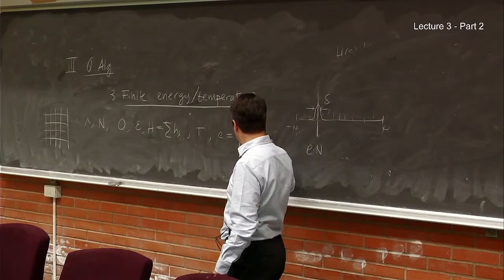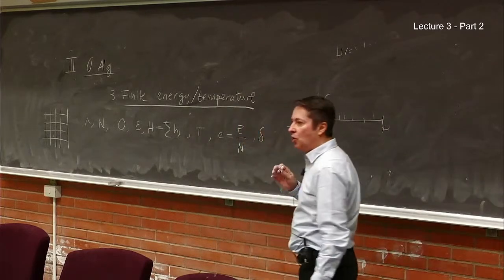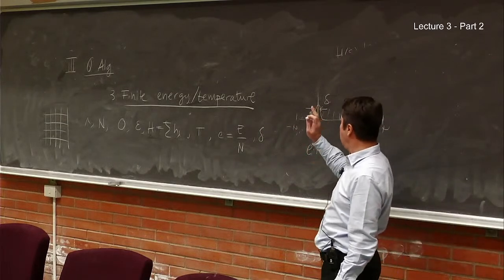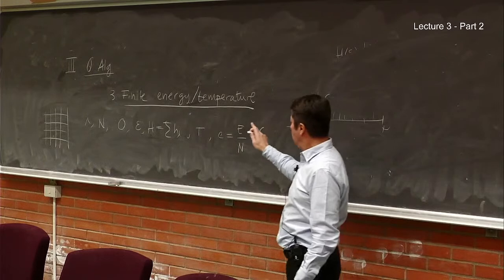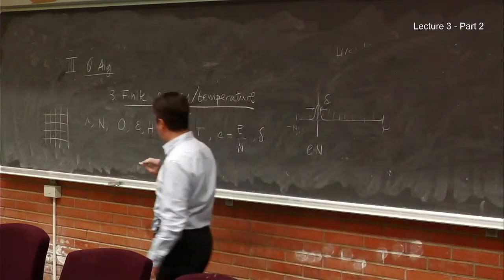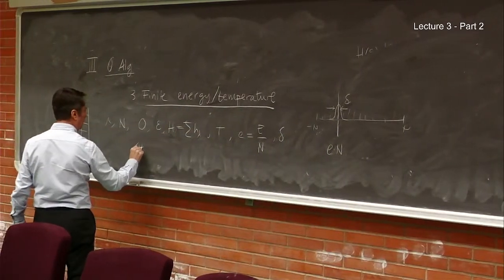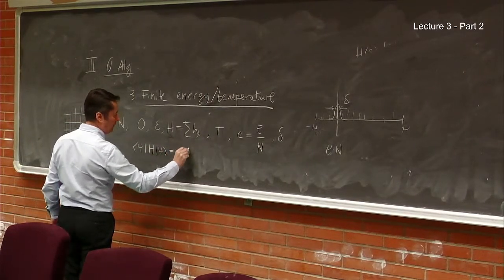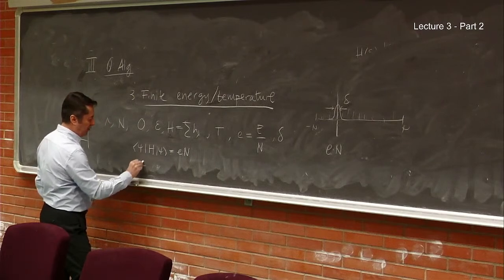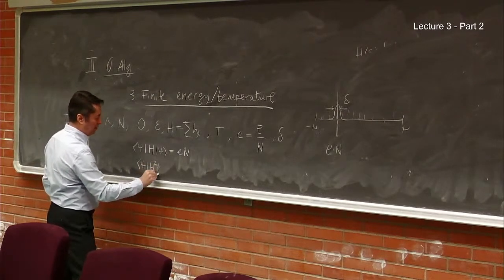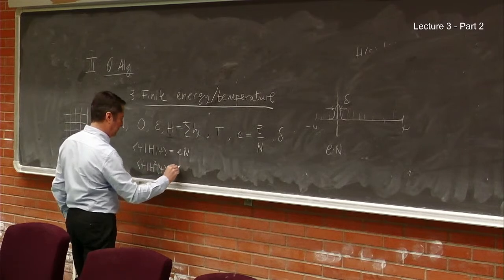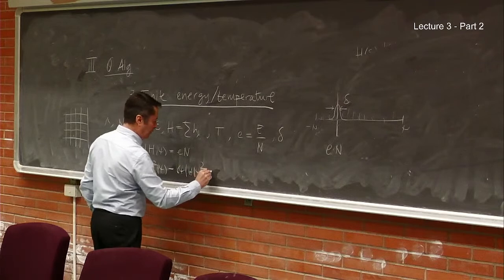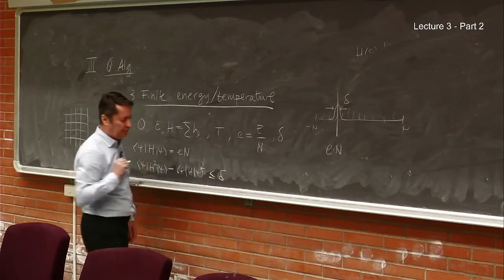So what I would like to do is to find a state. The way I formulate the problem is that I would like to find a state which has this mean energy, so the expectation value of the Hamiltonian in the state psi is equal to E times M, and it has a variance smaller or equal to delta.